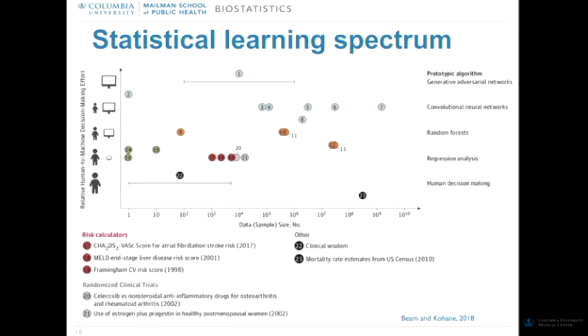And they come up with this figure, which I'm not going to go through all of the details of, but I like it because it says somewhere on this spectrum you've got people on this axis, and as you get more complicated algorithms, the human involvement becomes less, but the machine involvement becomes greater. At the lowest level of this, there's no machine involvement at all, and you're looking at clinical experience. What does one person learn when they see somewhere between 1 and a few thousand patients?